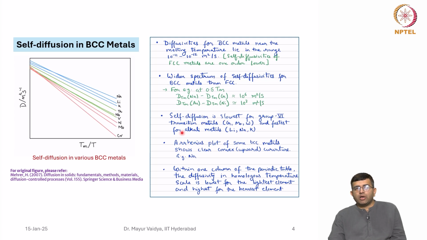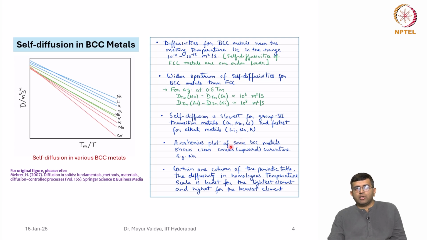And if you compare within the BCC metals, self-diffusion is slowest for the group 6 transition elements like chromium, molybdenum, tungsten, and fastest for the alkali metals like lithium, sodium and potassium.